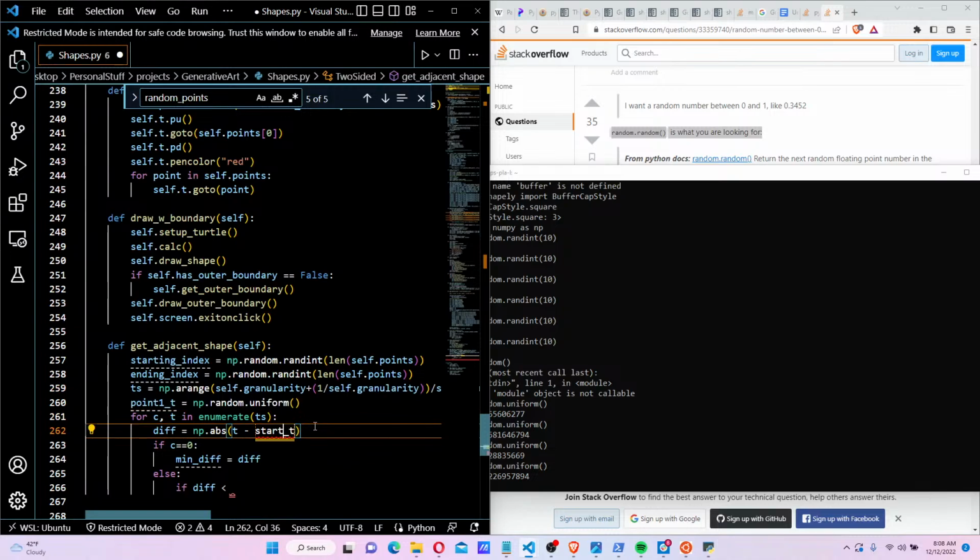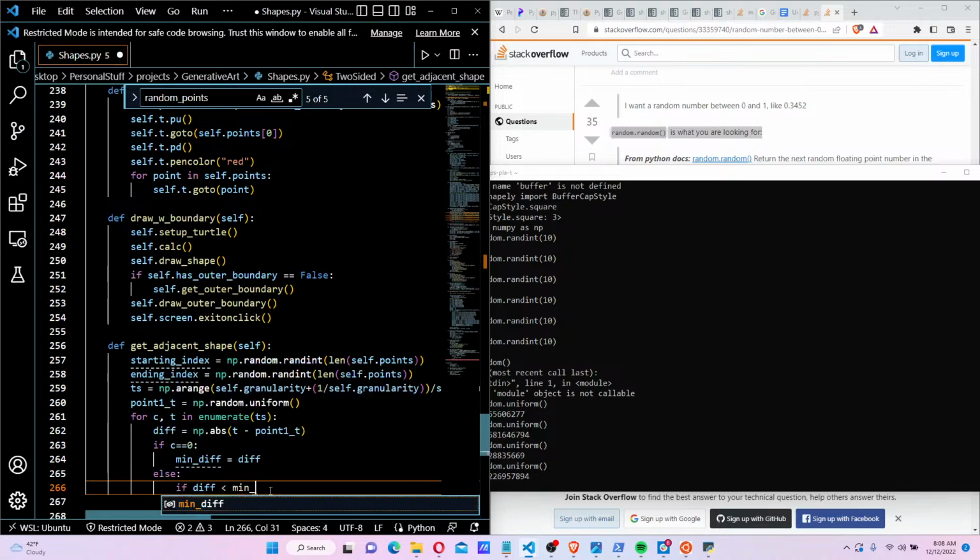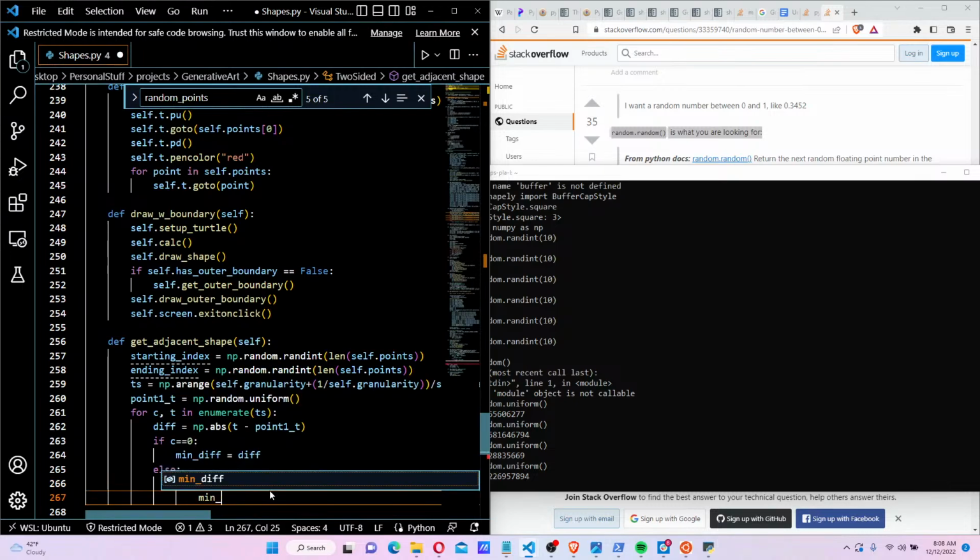Okay, and 0.1t, because start t is 0. So c equals 0, min diff is equal to diff, else if diff is less than min diff, min diff is equal to diff.